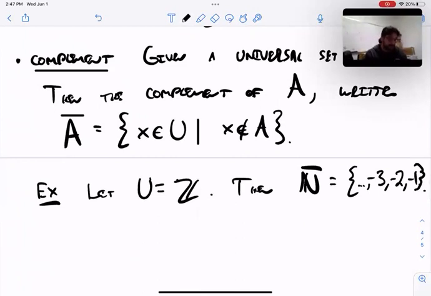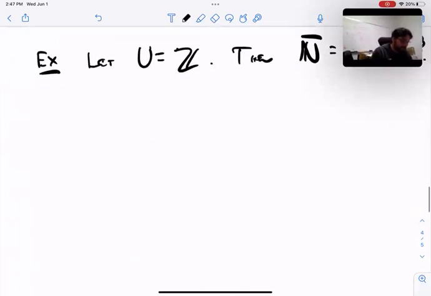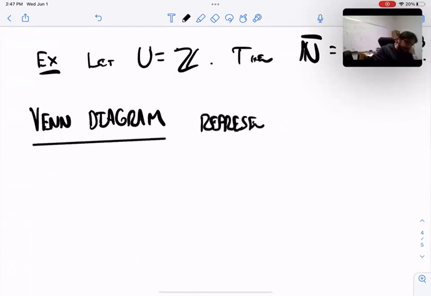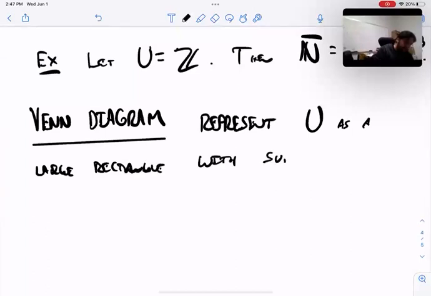One thing that I want to show is a really common way to represent sets visually, called a Venn diagram. Typically you represent your universal set as a large rectangle, with subsets inside represented as circles.